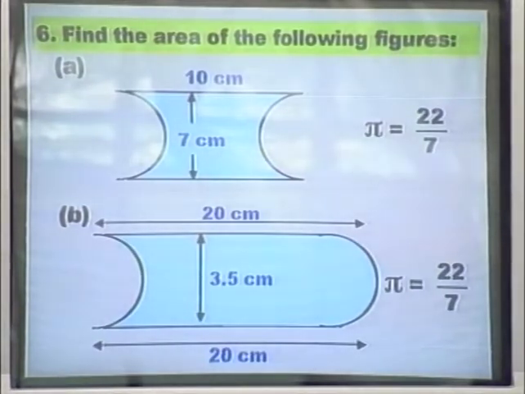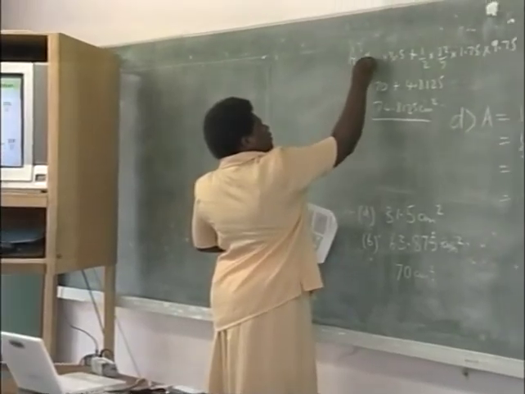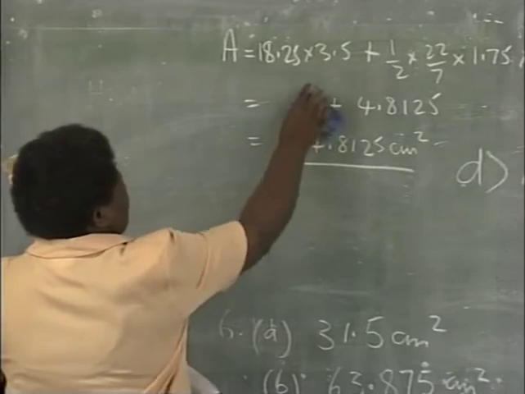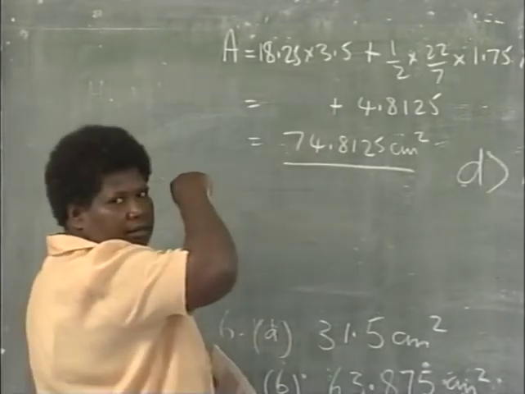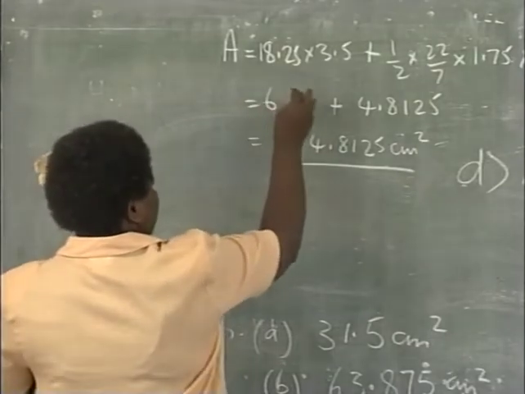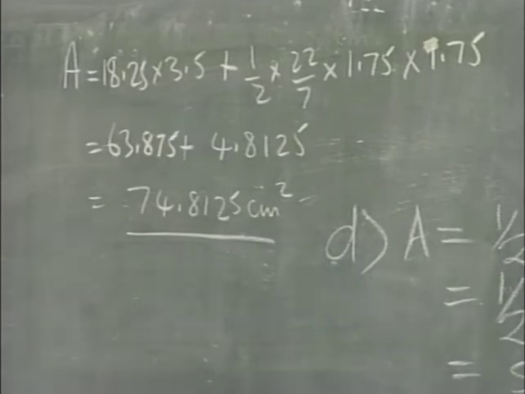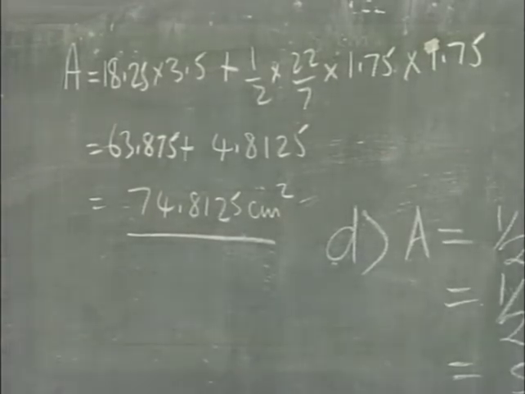So the area is actually 1.75 from 20, which is 18.25, times 3.5, which is 63.875. Okay. You don't need to add this one because it's exactly the same as the one on the other side, and it will actually be the area of the rectangle.